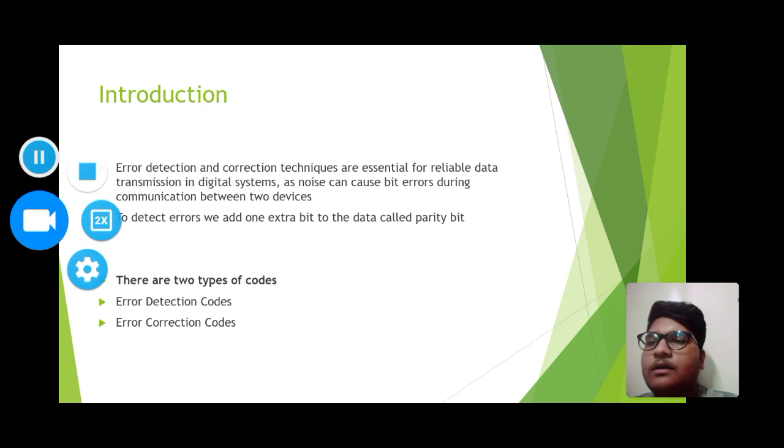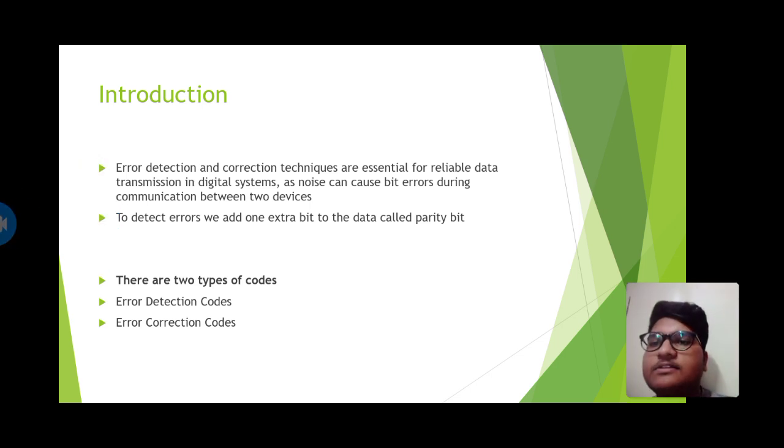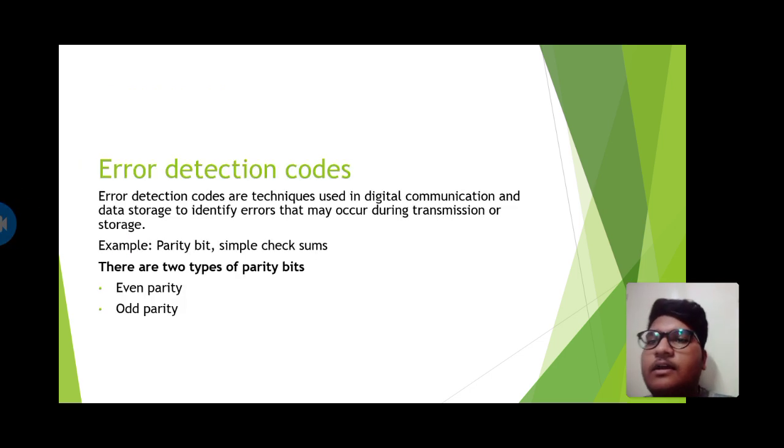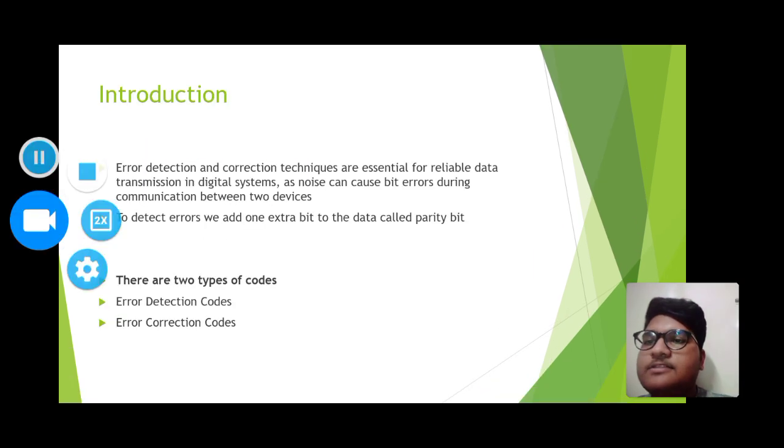Introduction. Error detection and correction techniques are essential for reliable data transmission in digital systems, as noise can cause bit errors during communication between two devices. To detect errors, we add one extra bit to data called a parity bit. There are two types of codes: error detection and error correction codes.